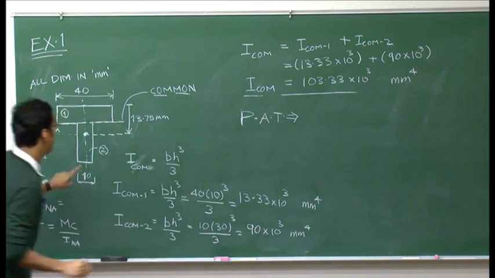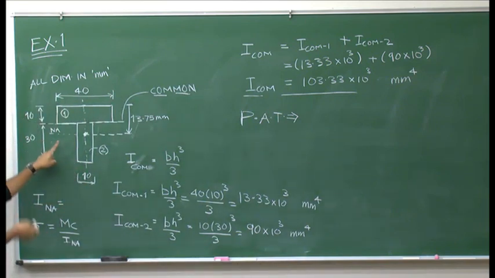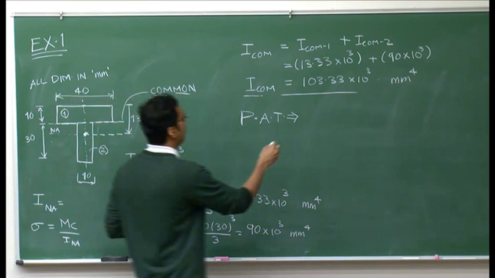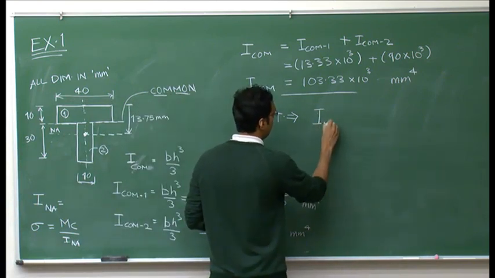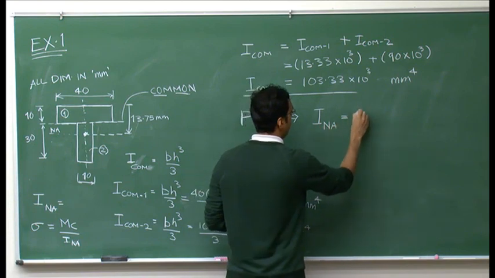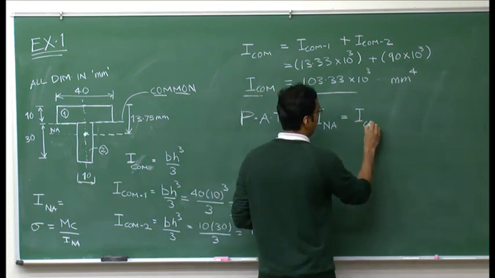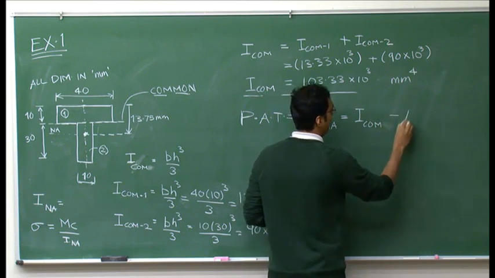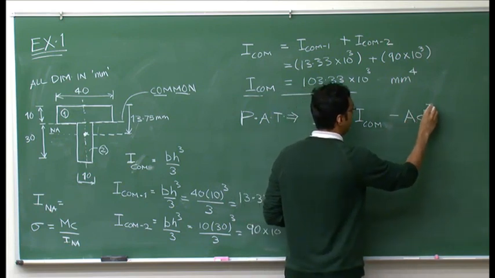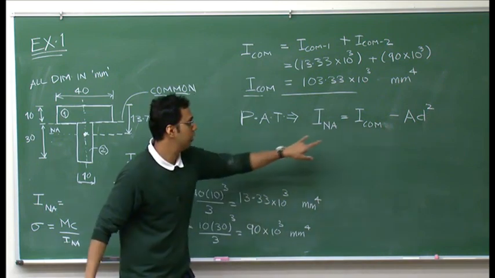We want to find the moment of inertia about the neutral axis, which is essentially the centroidal axis. We know that the moment of inertia about the centroidal axis is always smaller, so we have to subtract the term A d square.